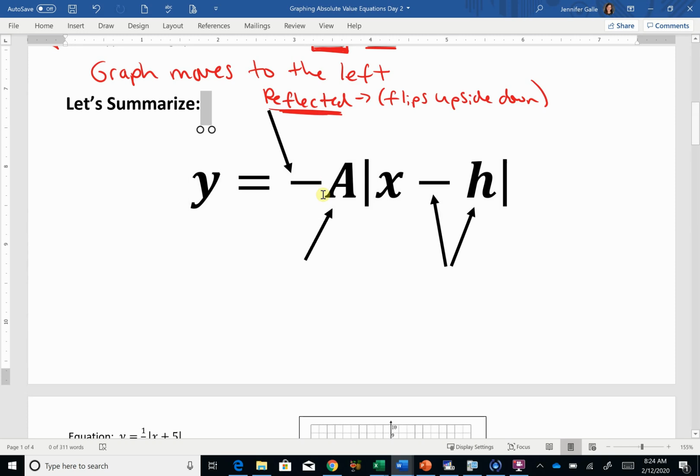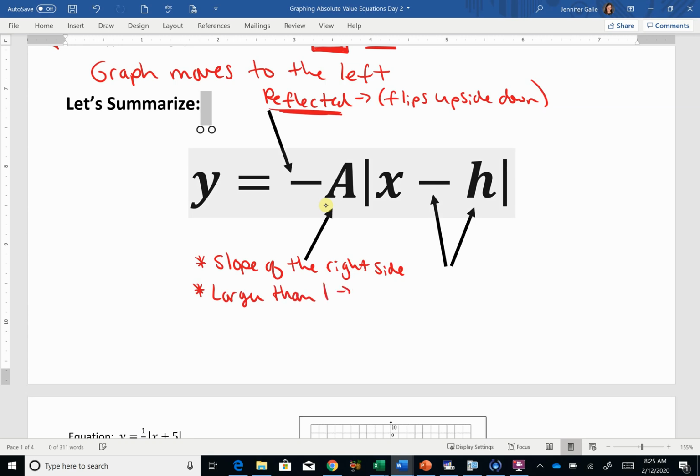The A piece that we saw yesterday, the A did several things for us. The A gave us the slope of the right side. If A is larger than 1, our graph stretched.